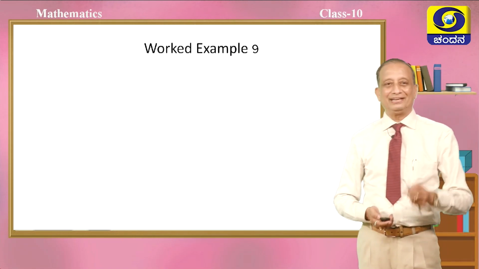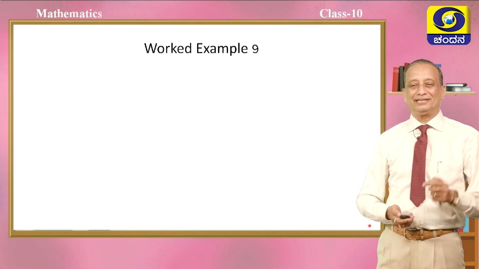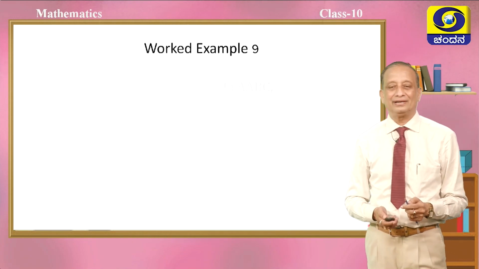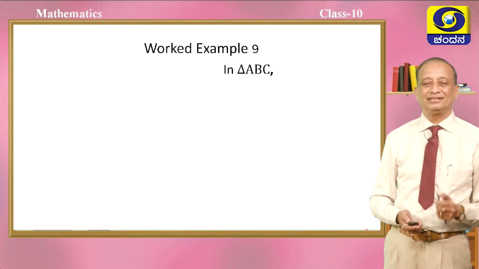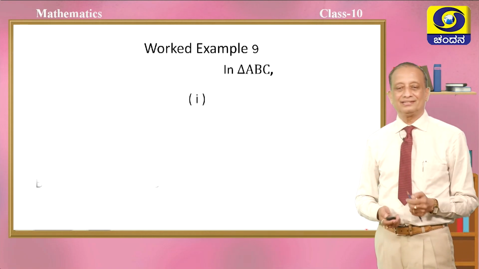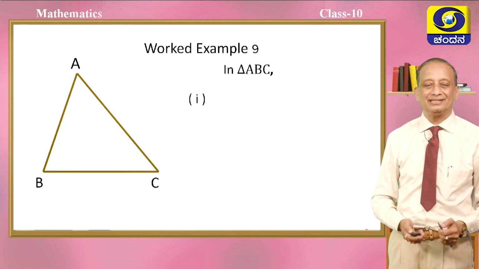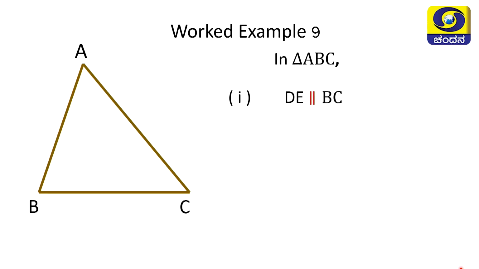Children, shall we take a worked example from our textbook? Here is worked example number 9, and apply the theorem which we have just now learnt on areas. Here is a scalene triangle ABC, in which DE is drawn parallel to BC.